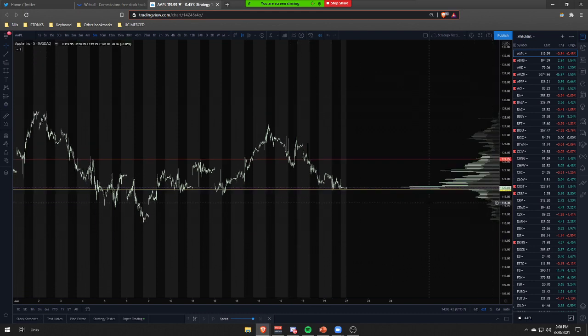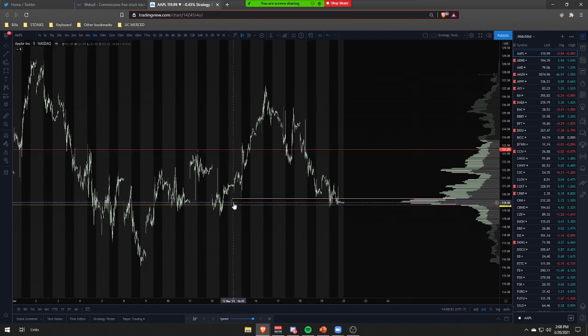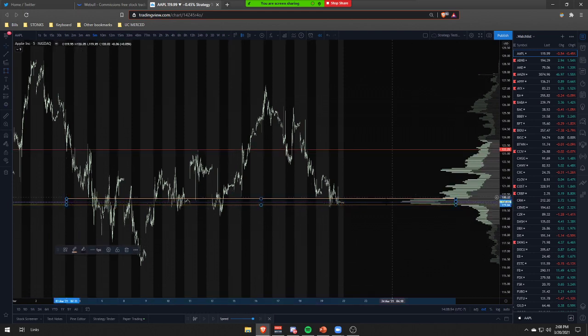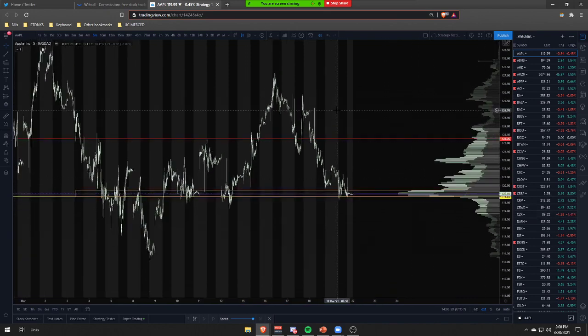So typically, if we're sitting at 120, when I'm developing a play, I know that I have to break out of this whole zone right here, because this is a high node. People like to buy in here. So if I'm looking at contracts, my next PT, from what I taught you guys with VPVR, would be the next consolidation point.